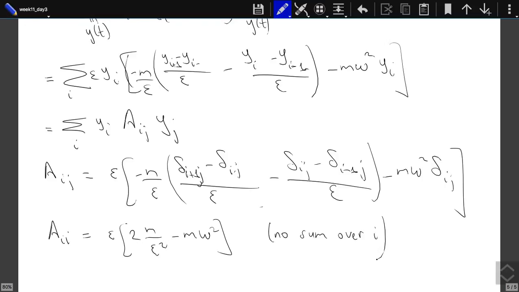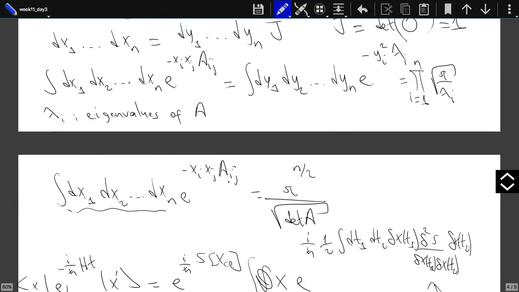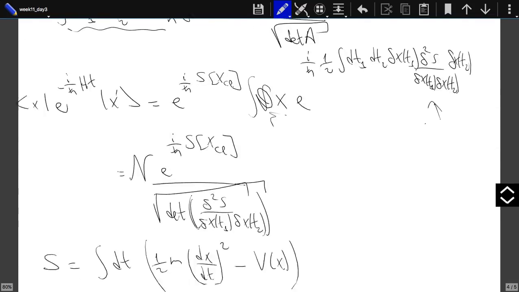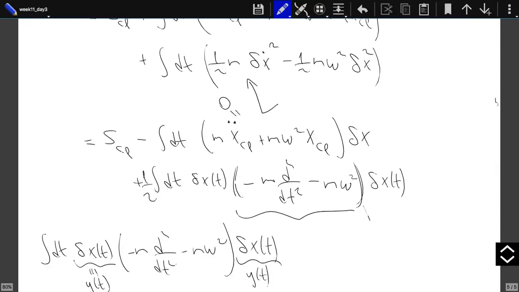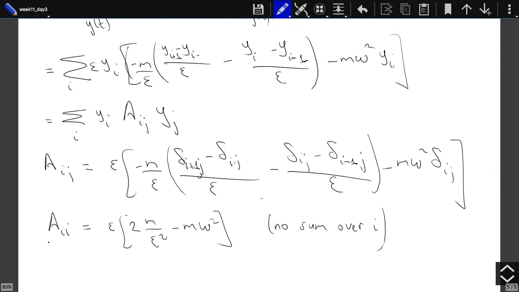Are you familiar with Einstein's summation convention? So you see, when, for example, in the previous example, when I wrote xi, xj, aij, there is actually a sum over i and sum over j. So here the indices are repeated twice, but there is no sum over i.